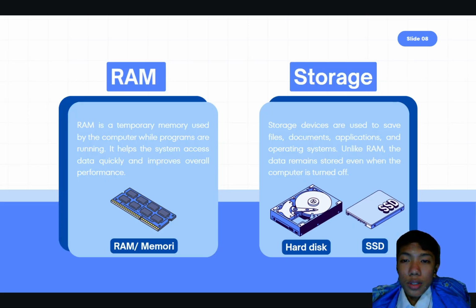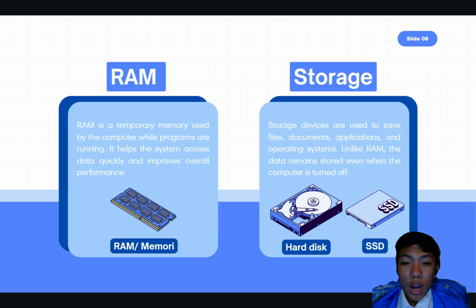RAM and storage. The next component is RAM, which stands for random access memory. RAM is a temporary storage area used by the computer while programs are running. The more RAM a computer has, the more applications it can handle smoothly at the same time. Another important component is the storage device.